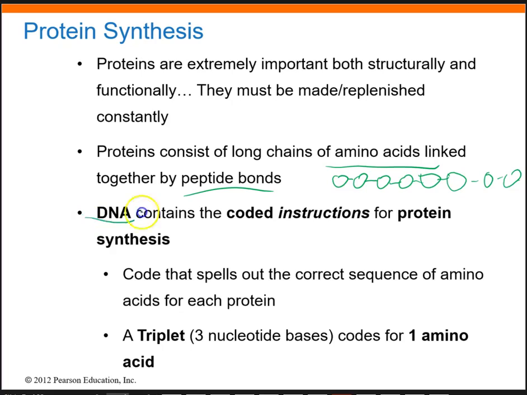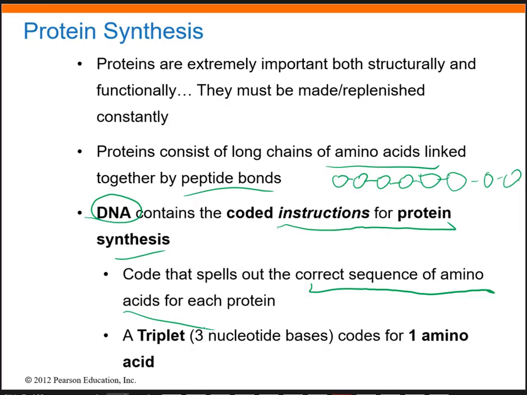Now, our DNA in the nucleus of the cell contains the coded instructions for how to make proteins. These instructions are like a recipe, right? In a special code, and the code spells out the correct sequence of amino acids.